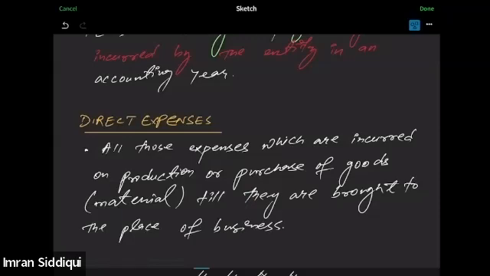So all those expenses which are incurred in relation to the production or purchase of goods, till they are actually brought to the place of business or factory, will be considered as direct expenses.